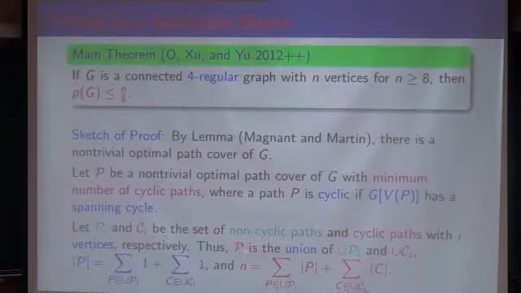The path cover is just the union of non-cyclic paths and cyclic paths. And the size of the path cover is the number of non-cyclic paths plus the number of cyclic paths. And then the number of vertices is the size of all non-cyclic paths and the size of all cyclic paths. When you say the size of a cyclic path, that's the number of vertices. Number of vertices, yes.